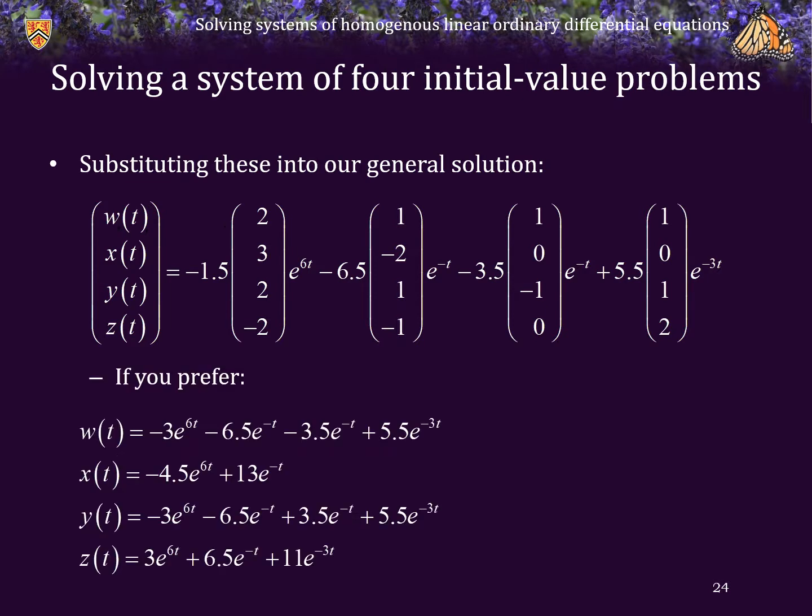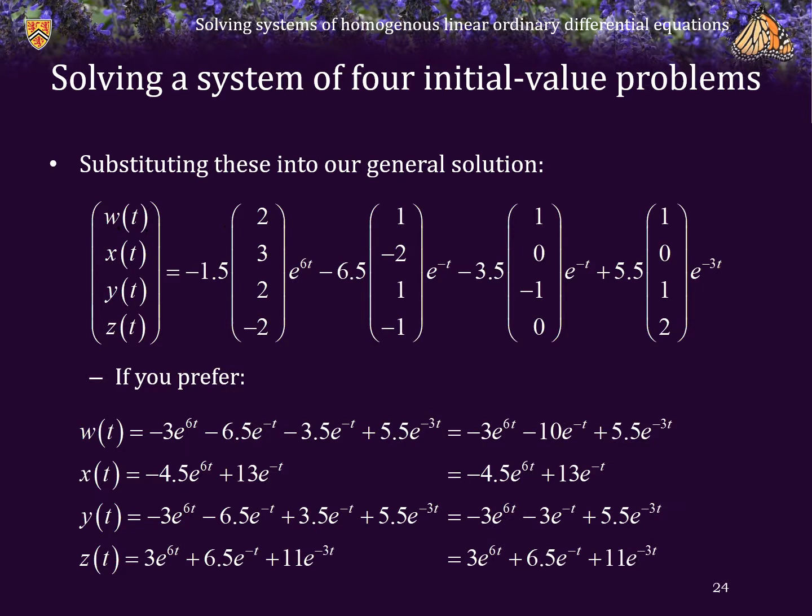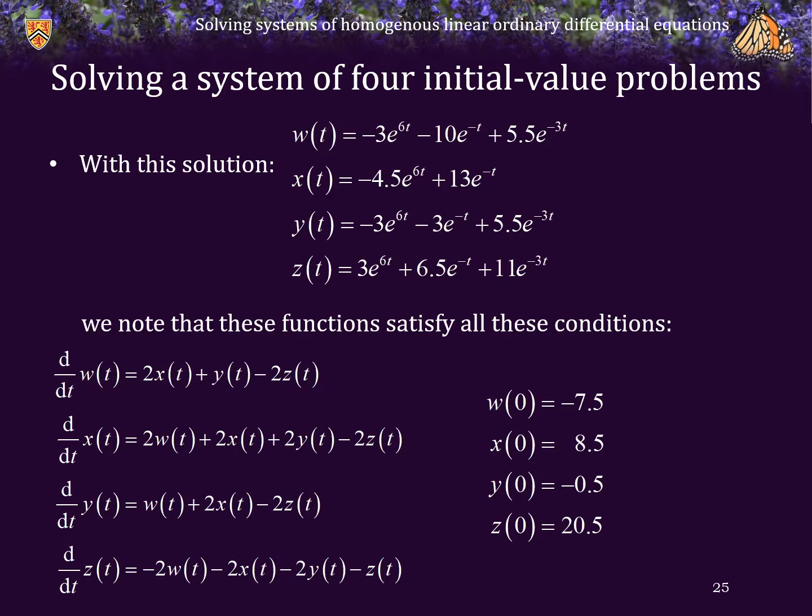Again, if you prefer, you can just write it as 4 different functions, and noting that 2 of the eigenvalues are equal, we can combine them into this simpler representation. Now, with this solution, you will note that these functions satisfy all of these conditions.